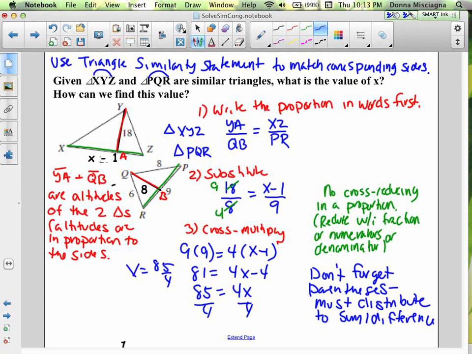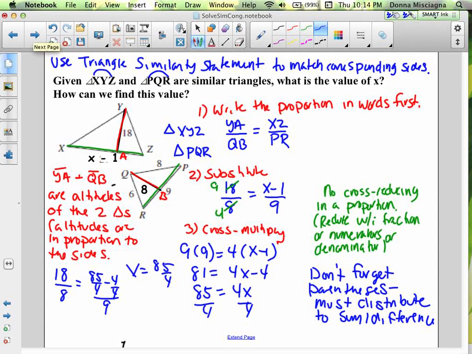All right, so we have, and before you reduced, 18 over 8 equals, right, so 85 fourths minus 1, that's 4 fourths. And divided by 9, and so we should simplify that.